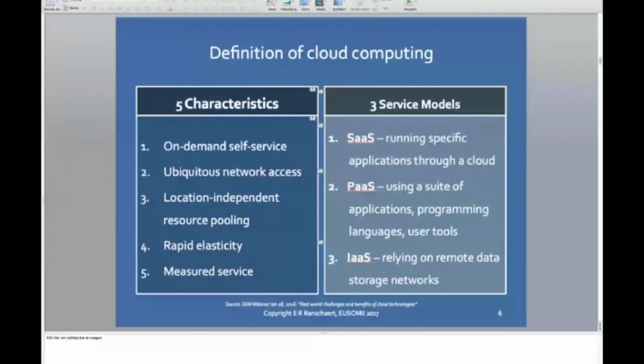The second one, I will explain in more detail in the next slides, is platform as a service, so that means that you use the cloud for a suite of applications, which can be programming languages and other tools. And the third model is infrastructure as a service, so then you rely on storage and networks that are remotely located. I will show you this in more detail.